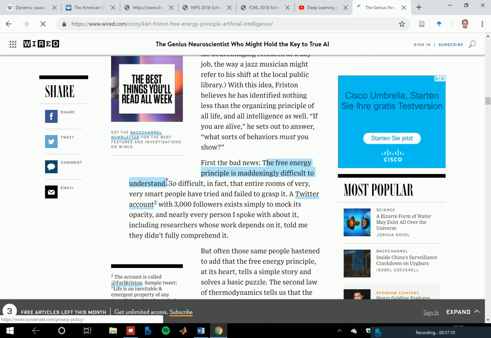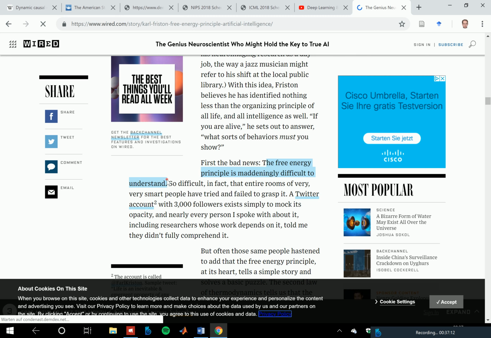It's treated like this great idea that is very important and everything is important, but nobody can understand it. Only Carl Friston can understand it. That's completely not true. The first thing is that variational inference can be understood. The other thing is that what cannot be understood about the free energy principle are the things that are not worked out in the free energy principle yet.